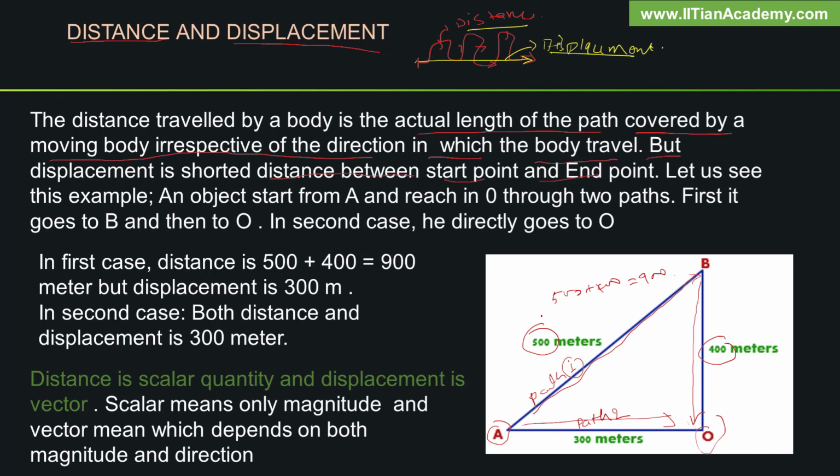In second case, both distance and displacement are 300 meter. Distance is scalar quantity and displacement is vector quantity. Scalar quantity depends only on magnitude and vector quantity depends on both magnitude and direction.